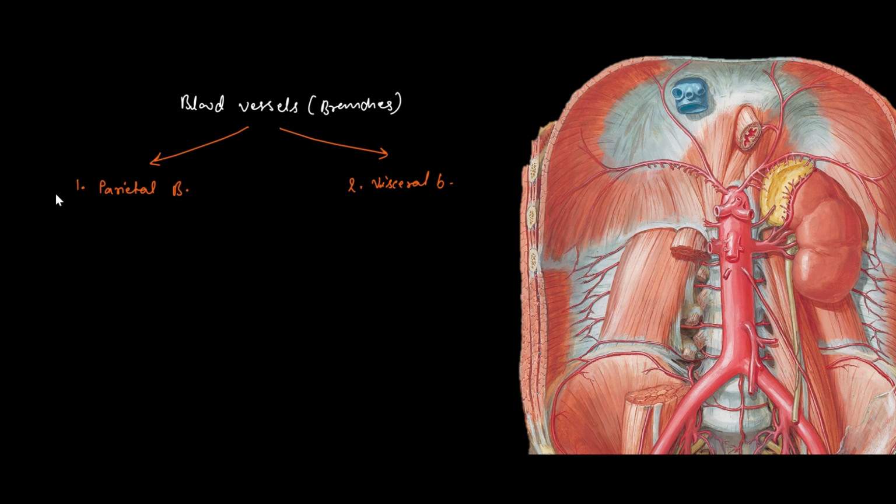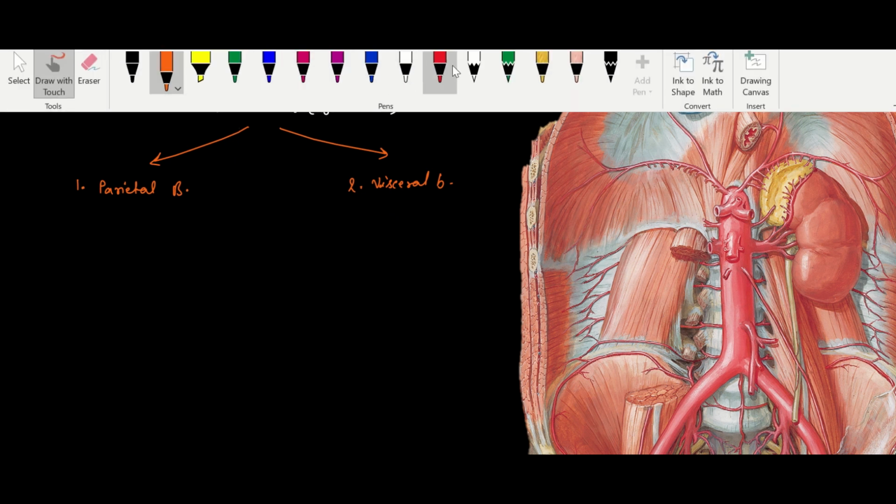Okay. These parietal branches are always paired except one branch which is the median sacral artery. Okay. The median sacral artery is the only parietal branch which is unpaired, otherwise all the parietal branches are found in paired way. Okay. And visceral branches are further classified again in two categories.